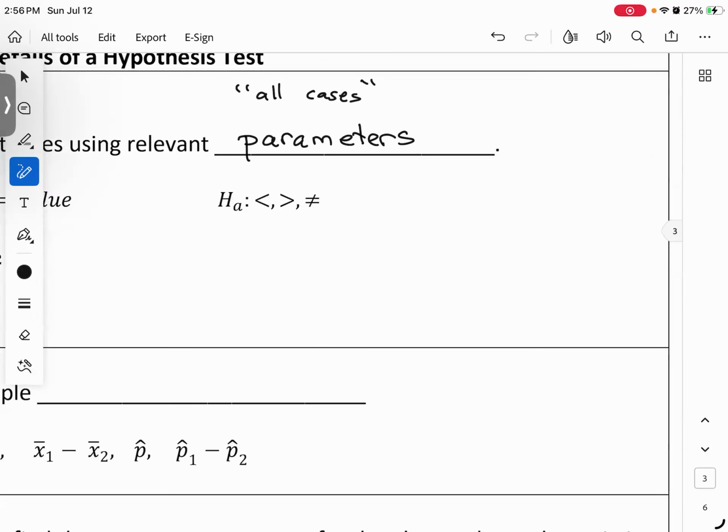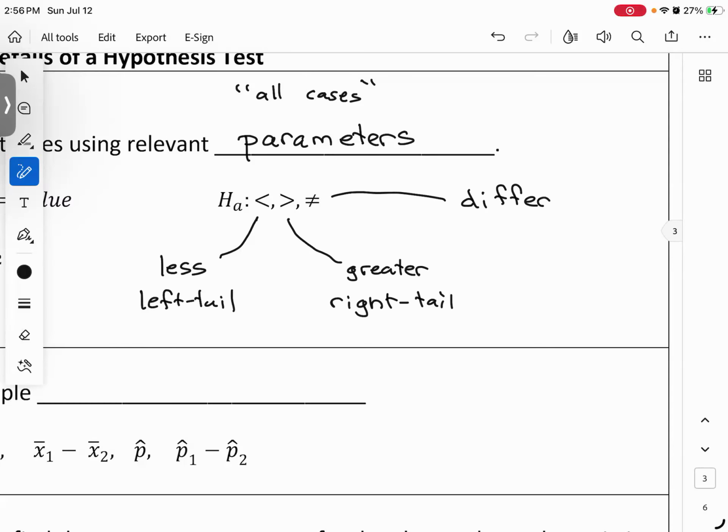Then your alternative, sometimes it's going to be about a less than. And that would also be synonymous with doing a left tail when you're doing your p-value. Some are arguing in favor of greater than, which would be right tail when we go to calculate our p-value.